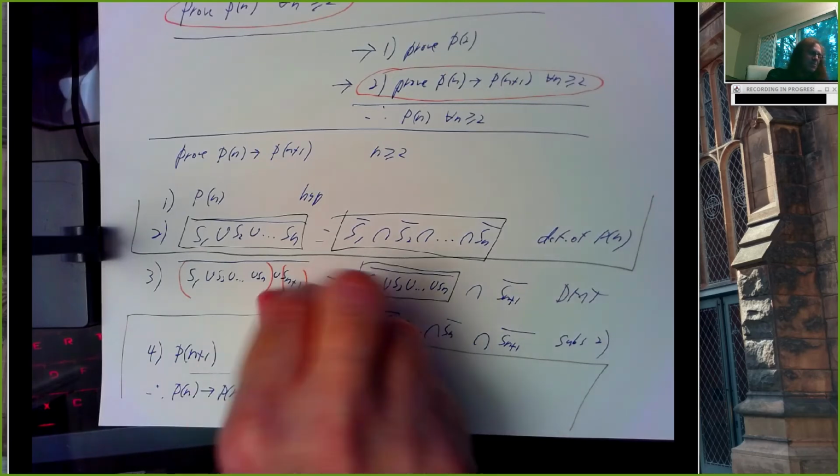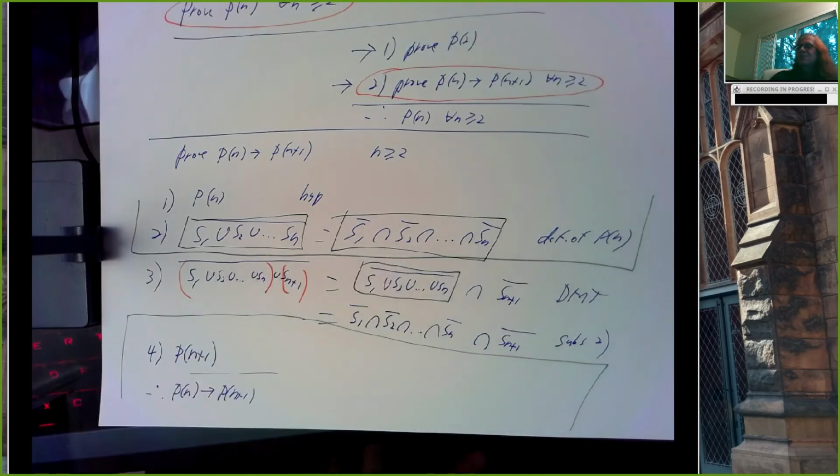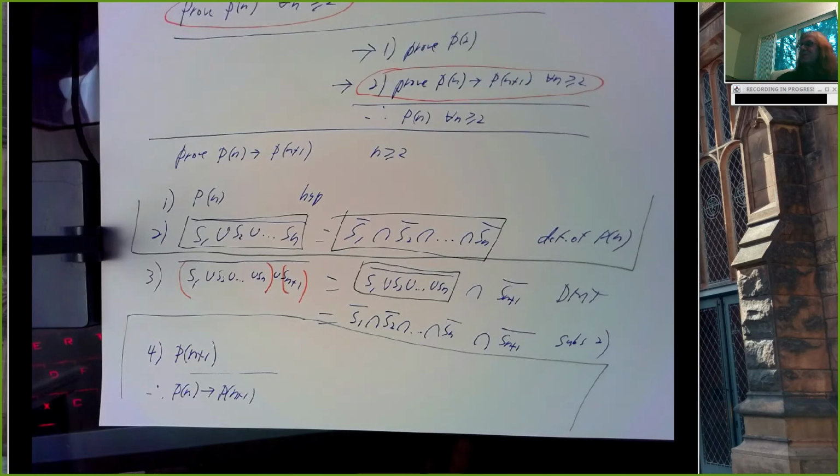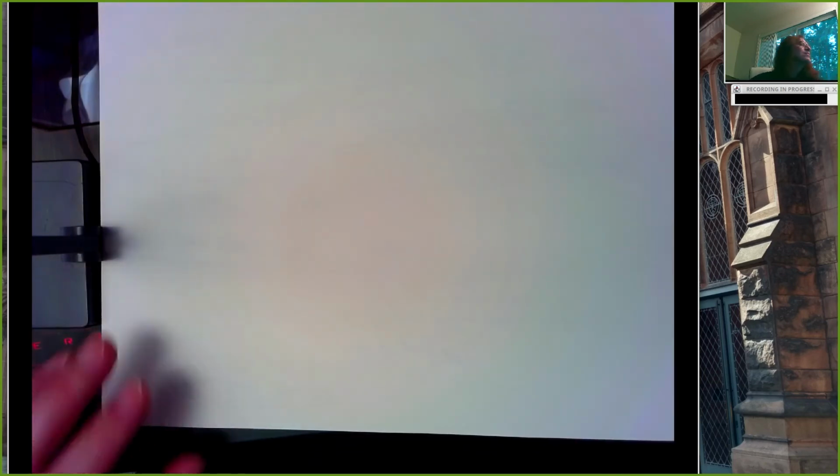And then there's going to be some little spark of insight somewhere where we do something, and everything after that is just going to be paperwork leading up to P of n plus 1, therefore P of n implies P of n plus 1, etc. So just like with some of the proofs we were doing a couple of weeks ago, there's going to be this spot in the middle where something happens, and that's the magic spot.